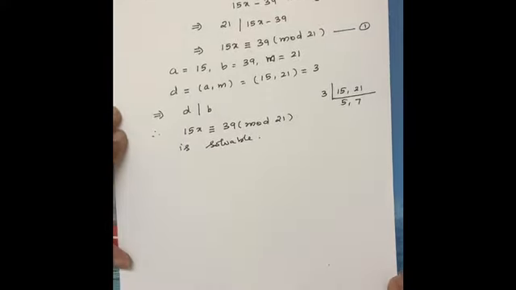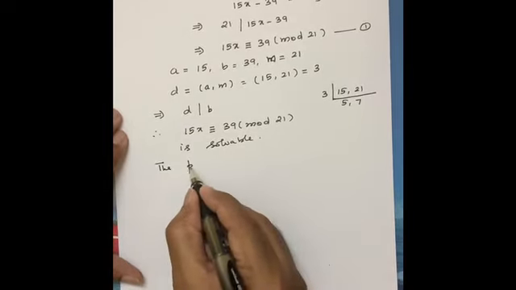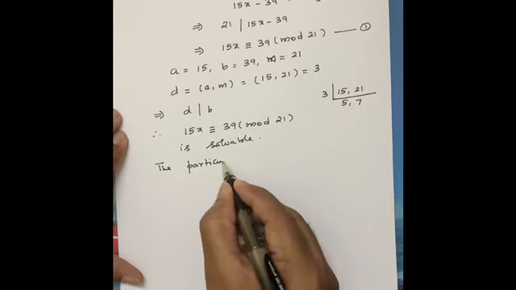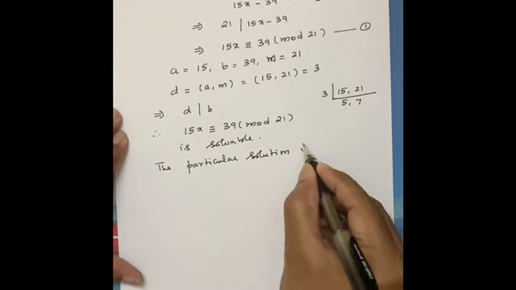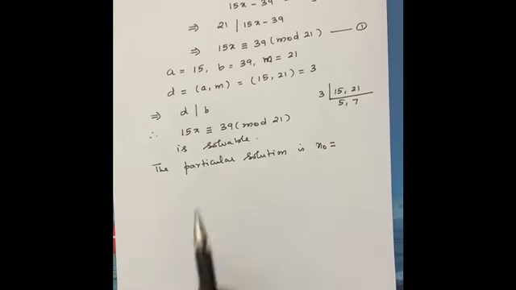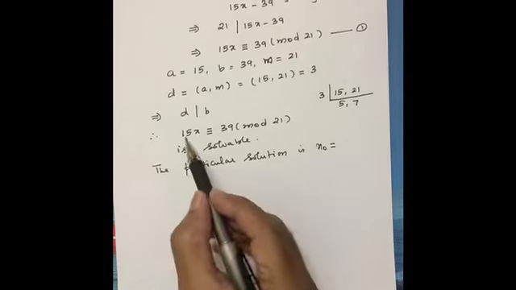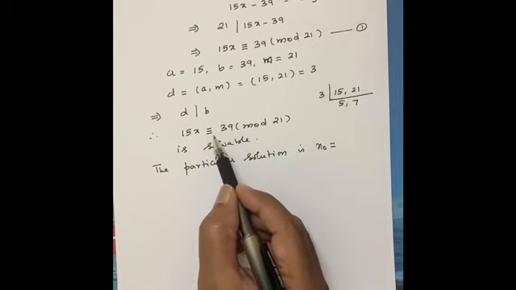Okay. After that we are finding the particular solution. The particular solution we have to check one by one. x naught: in this congruence put x equal to 1. So we are getting 15. 15 minus 39, is it divisible by 21? No. Next x equal to 2. x equal to 2 means the left hand side is 30. 30 minus 39 is minus 9.